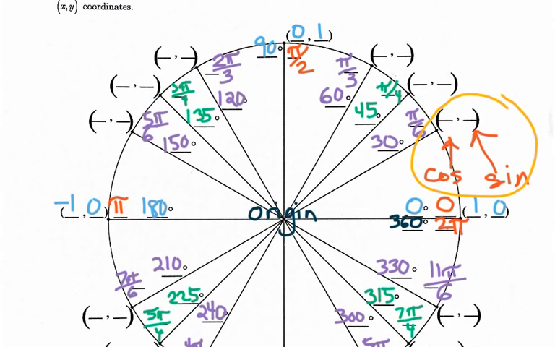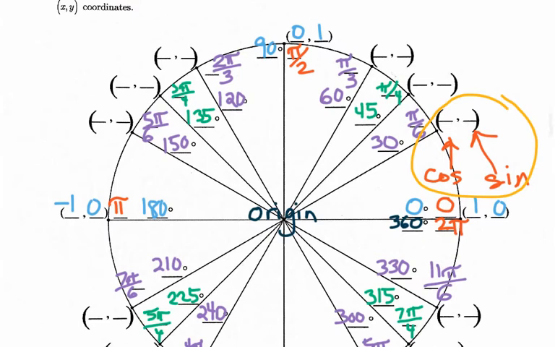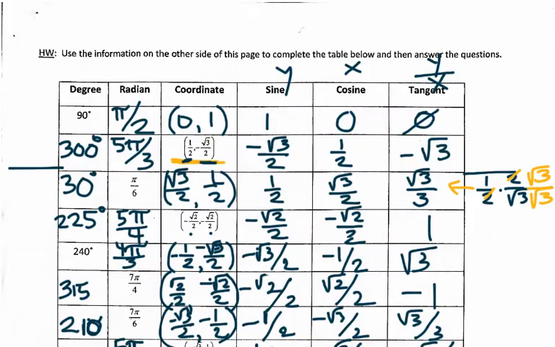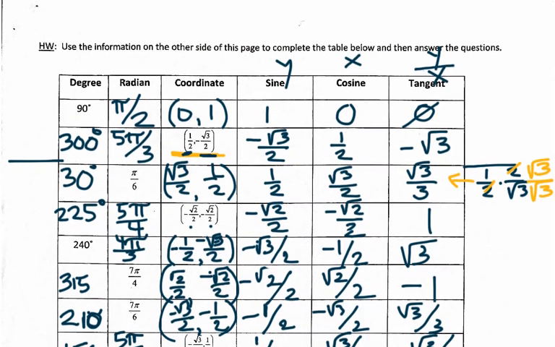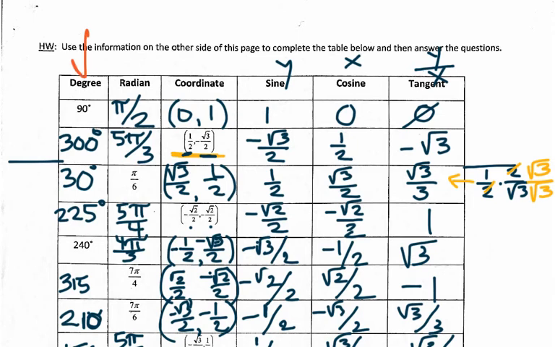So just remember cosine and sine. Keep this with you, and with this you should be able to fill out the chart on that last page. These are really the two important columns here. Find either the degree, the radian, or the coordinate, and then fill those in.